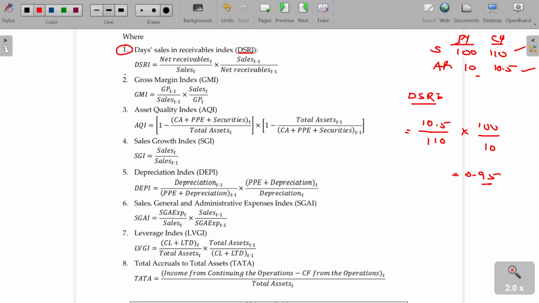Similarly, Gross Margin Index. Sales being 100, I can use the GP here. GP being 20 rupees in the previous year, and 25 rupees in the current year. Then how can you calculate?